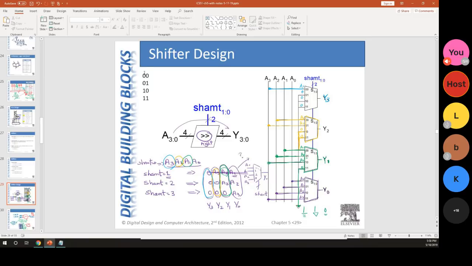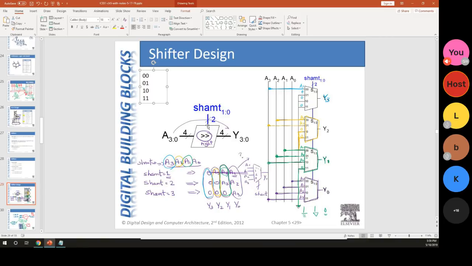Depending on which input you get, the 1, 0 just stands for 2 bits. So like this row right here, the most significant bit would be SHAMT, or shift amount 1, and this is going to be shift amount 2. This defines how many bits you're going to shift by.